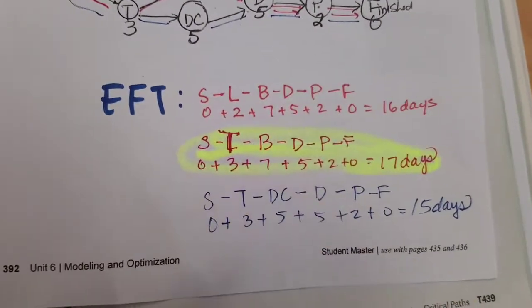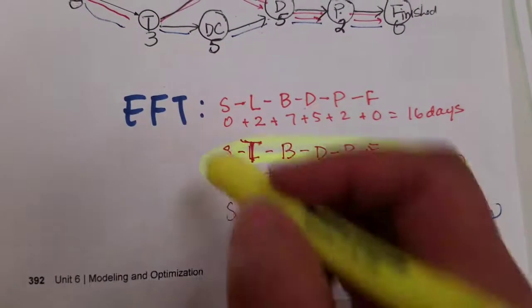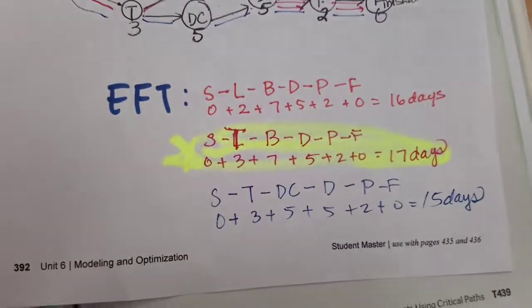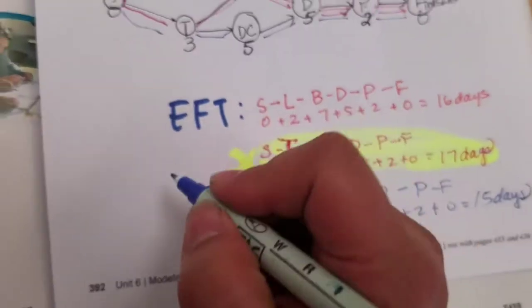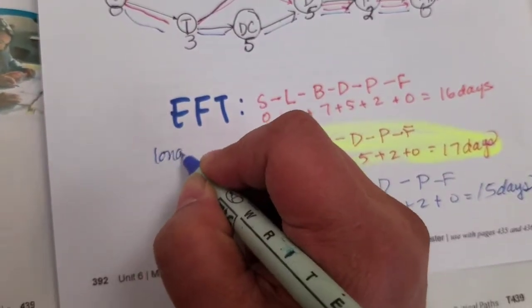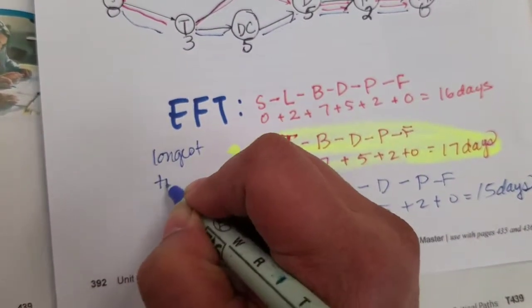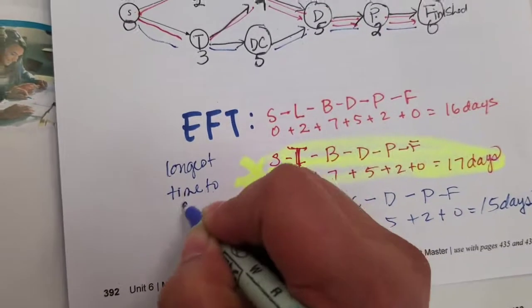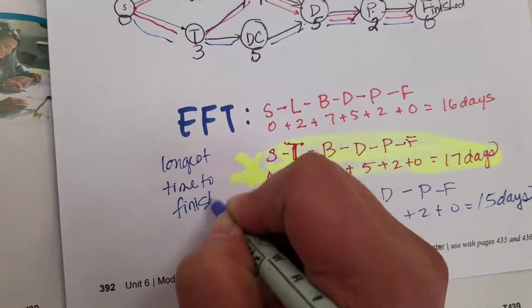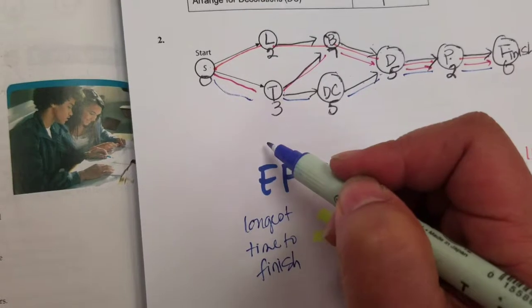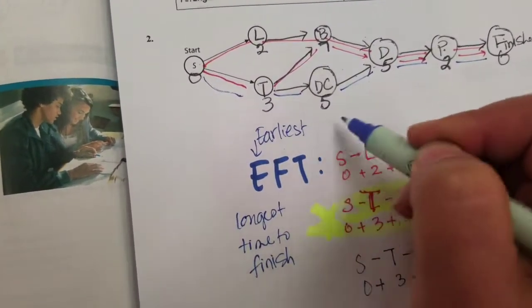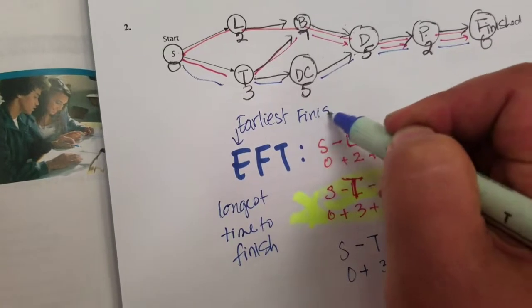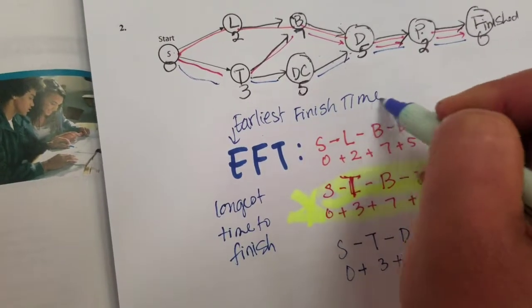So that's the prerequisite. So that ends up being your correct answer. So EFT actually ends up, again, taking the longest time to finish. And again, it's very deceiving because E stands for earliest finish time. Okay, good luck.